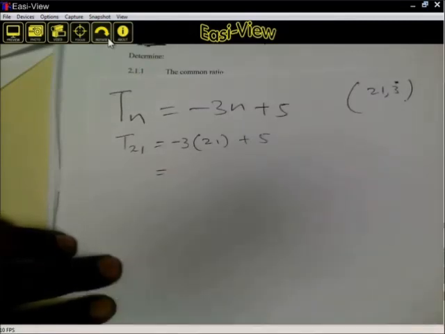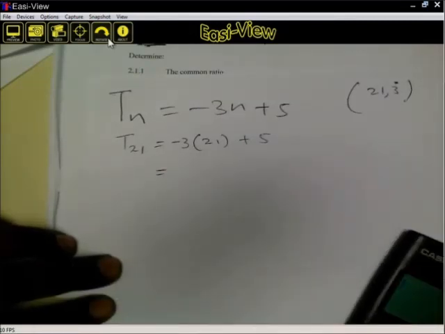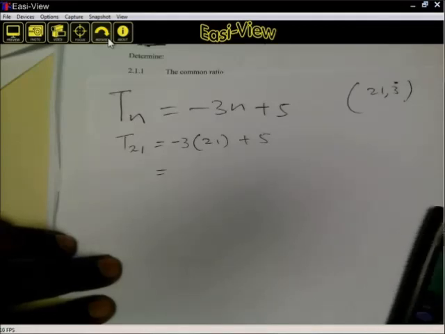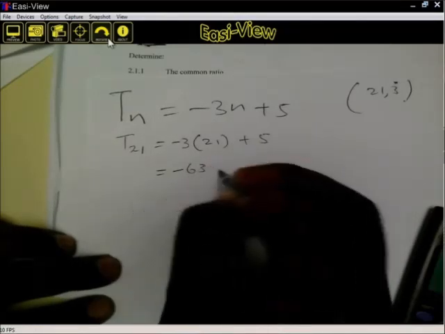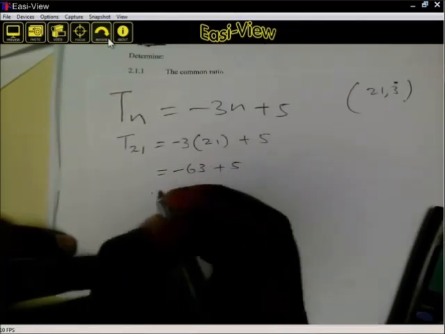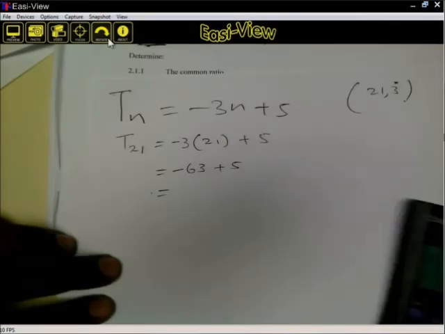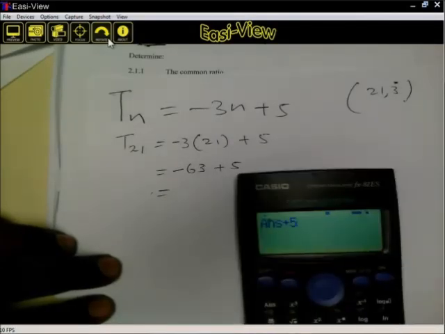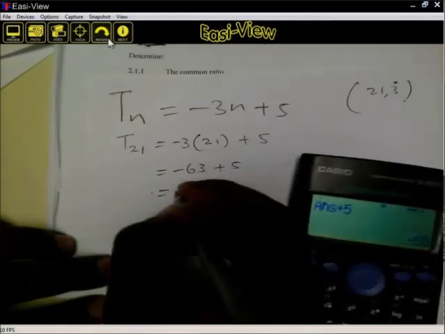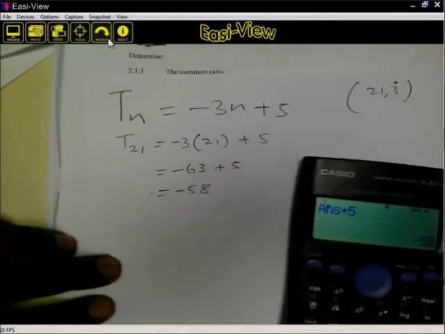And this here will give us, we use a calculator, we don't want to make mistakes. So we say negative 3 multiplied by 21, and that gives us negative 63 plus 5, which will give us negative 58.